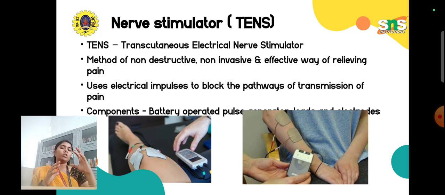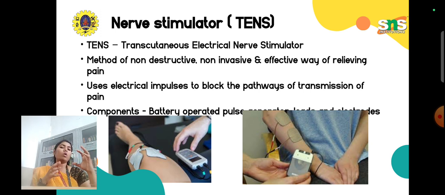We know the concept of pain signals, which are received by receptors. In our body we have different kinds of receptors: for chemicals we have chemoreceptors, for light we have photoreceptors, and so on. There is one receptor called the nociceptor, which is the pain receptor. It senses the pain signal and transmits it through the nerve to the brain, so that we have the feeling and perception of that pain.